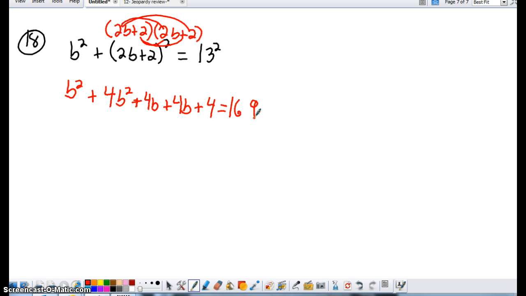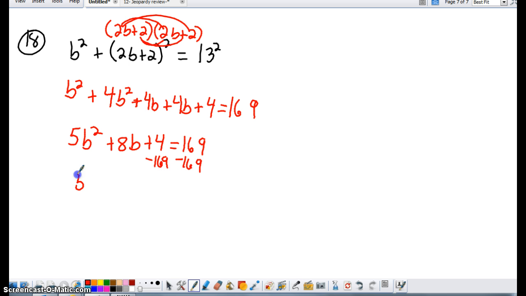All right, so now when I try to put this all together, b squared plus 4b squared gives me a 5b squared. 4b plus 4b is going to give me a total of 8b plus 4, and this is equal to 169. From here now we want to set this equal to 0, so I have to subtract my 169 from both sides.